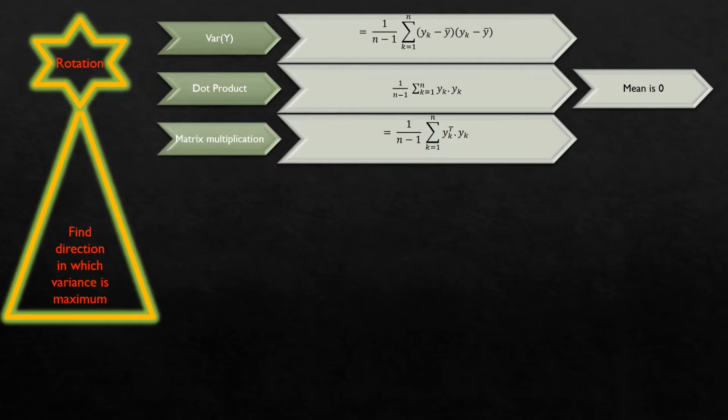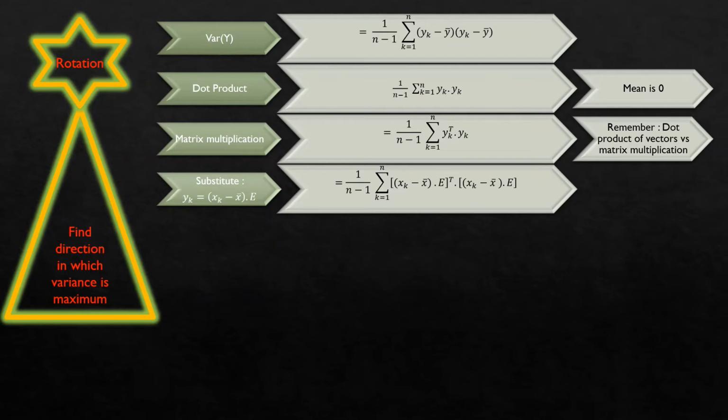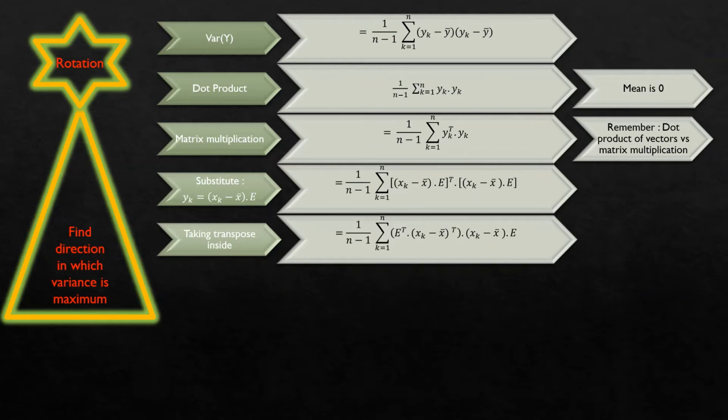We can write it as matrix multiplication given by yk transpose into yk. Yk has already been written as xk minus x bar into E. Substituting that in the equation, we get xk minus x bar into E the whole transpose into xk minus x bar into E. I take the transpose inside. So the first part becomes E transpose into xk minus x bar the whole transpose.